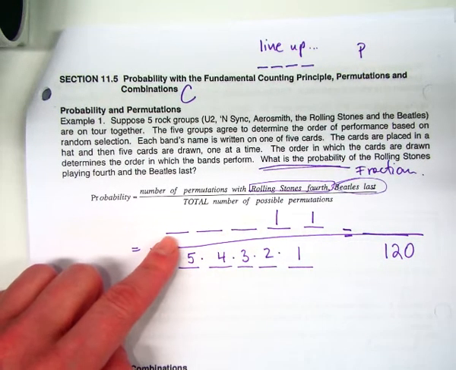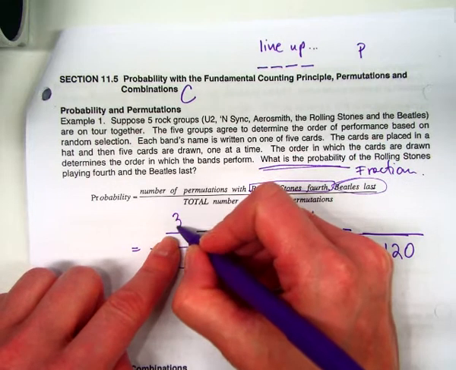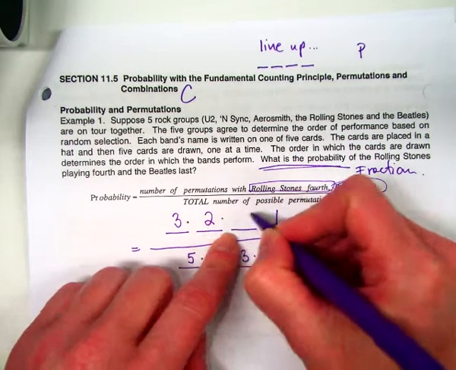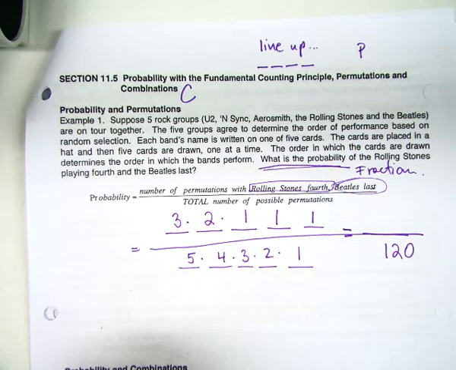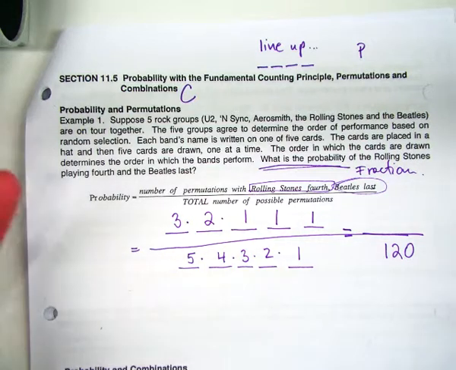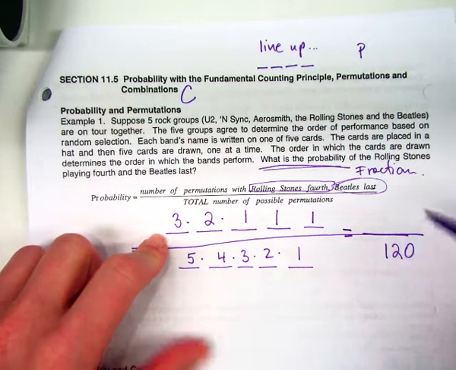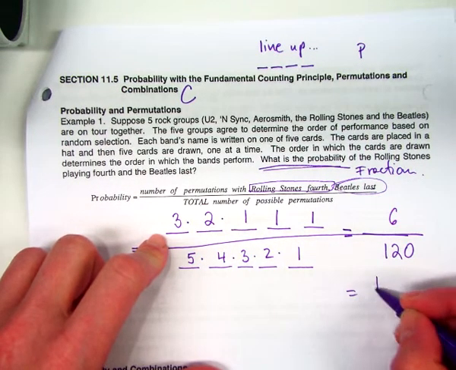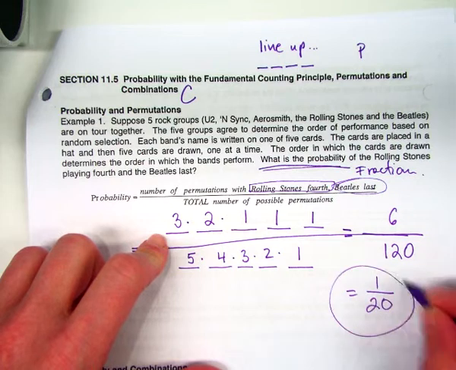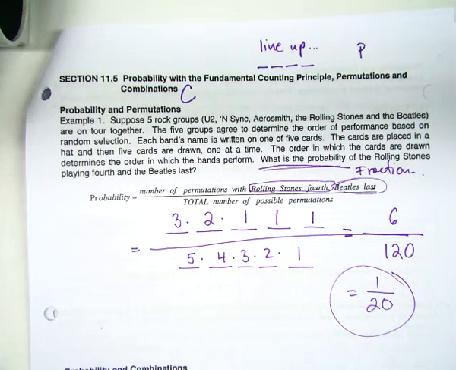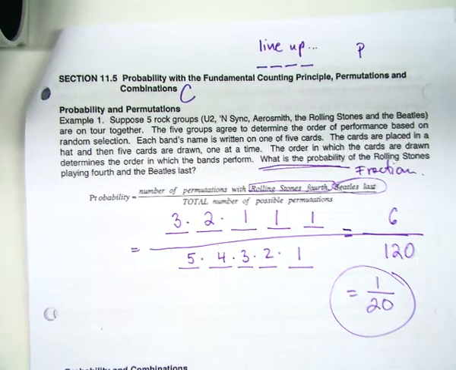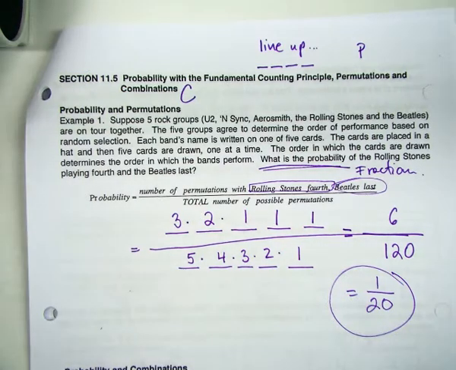How many do I have for the first spot? 3, and then 2, and then 1. Now to make a probability out of this, we just multiply 3 times 2 times 1, which is 6. Reduce the fraction, and if you divide it, it will give you 1 over 20, whatever decimal you get. That's your probability of having a lineup like that.